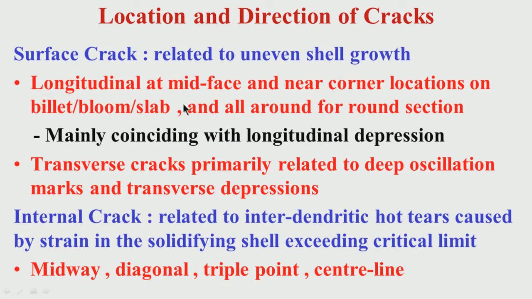I have tried to tell you what are the possible reasons: surface cracks related to uneven shell growth. So, the heat transfer in the mold, surface cracks normally you find either at the initial stage of solidification, or it might also form if you have a lot of uneven surface in chemistry like 0.1% carbon.